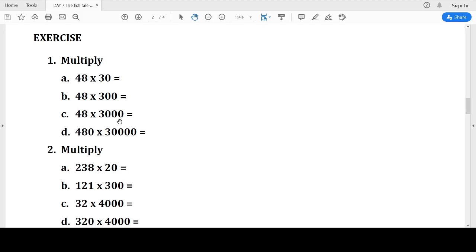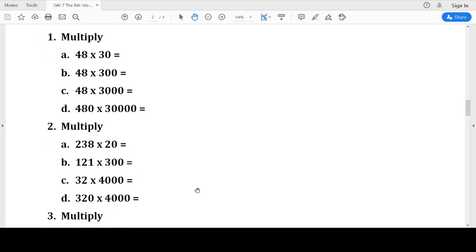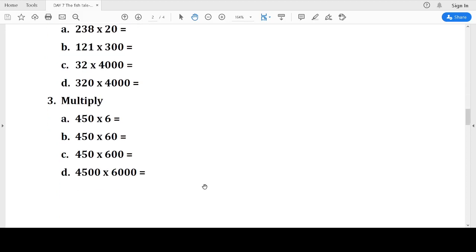So 144,000 will be the answer. Likewise, if you have to multiply 121 by 300, I will multiply 121 into 3 first and then insert 2 zeros. So 121 into 3 makes 363 into 100. So 36,300 will be the answer. So you can try out all these examples for yourself.